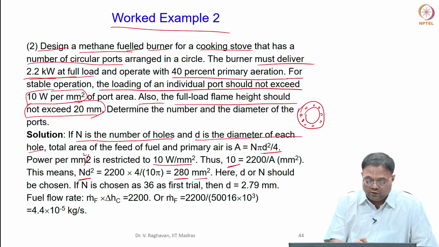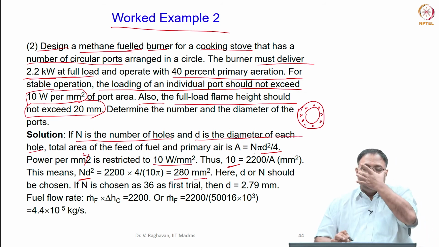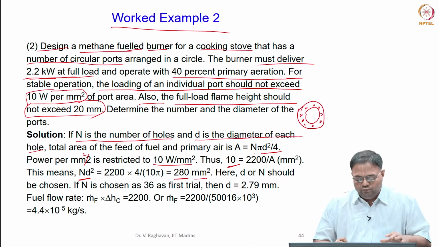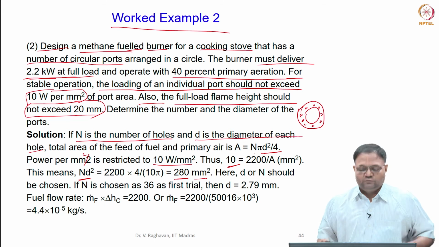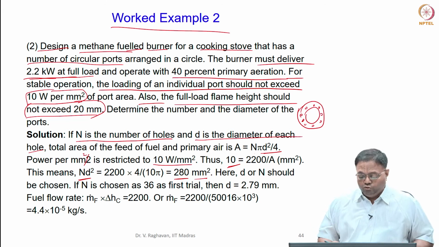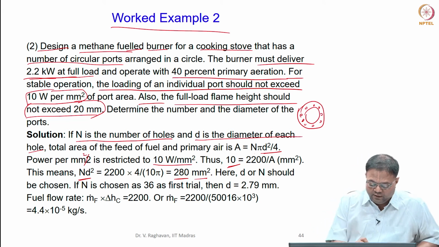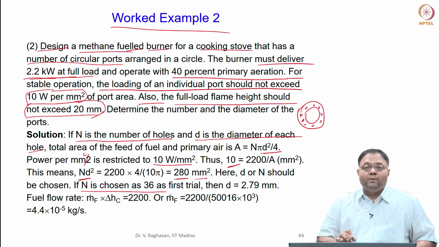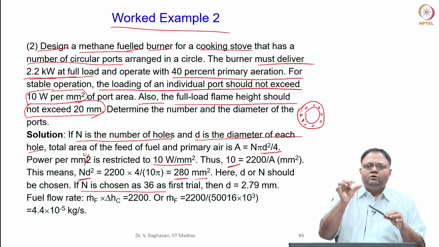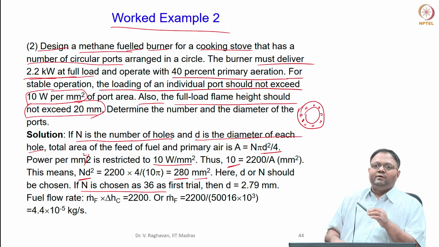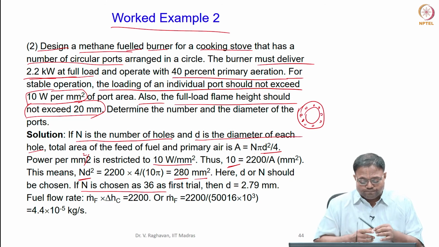Now there are two unknowns here, n and d. So, we have to guess one and fix another and see whether the constraints are met. That is the procedure of designing. So, let us fix one of these. It is normally easy to fix the number of holes. So, I am keeping 36 holes on some PCD, pitch circle diameter. Then some minimum spacing will be there between any two holes.